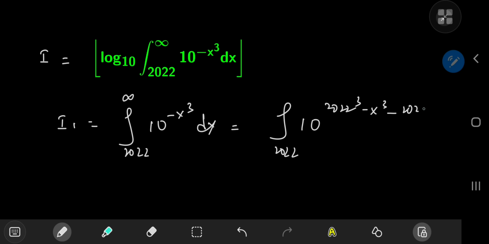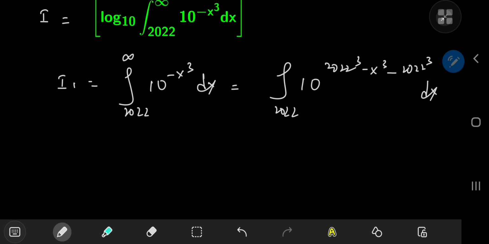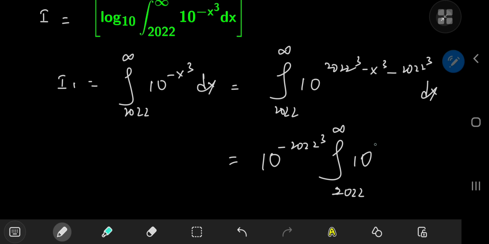That is messed up, but just look at the integral. Did you seriously expect it not to be messed up? So you can factor out a 10 to the negative 2022 cubed here, and you can write this as the integral from 2022 to infinity of 10 to the 2022 cubed minus x cubed dx.